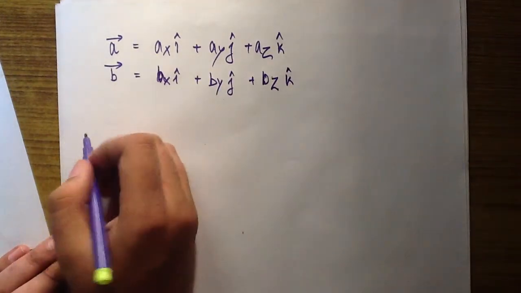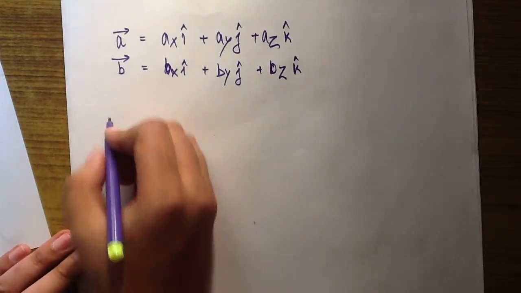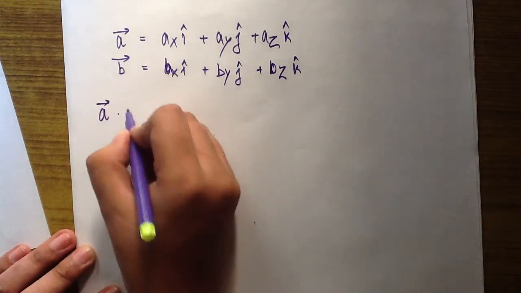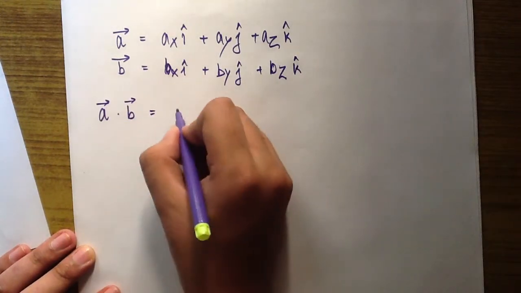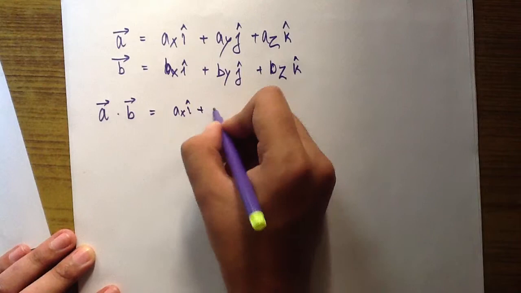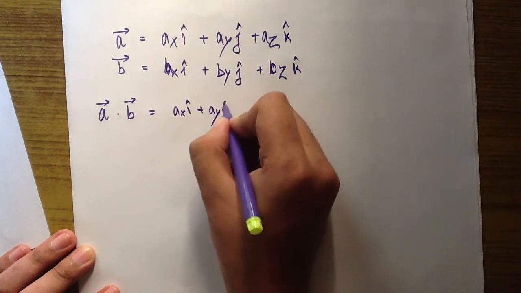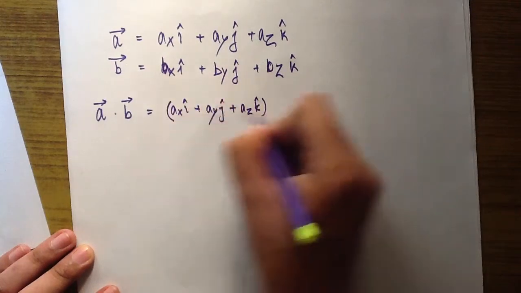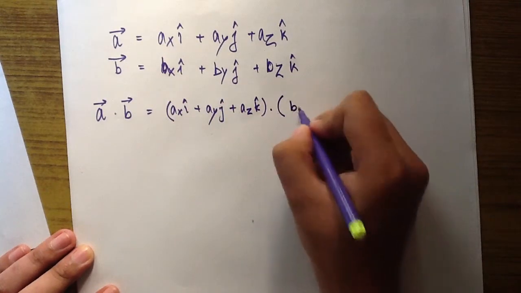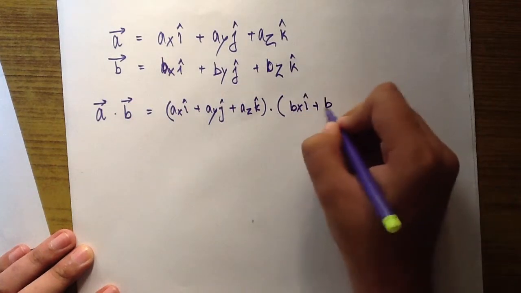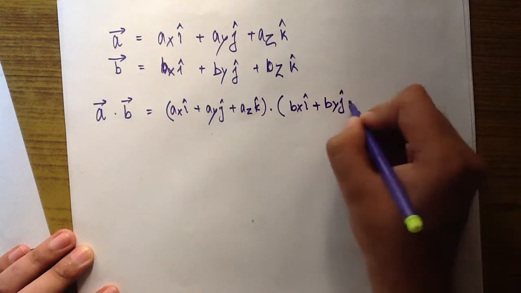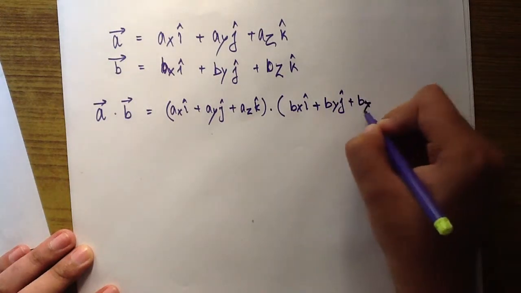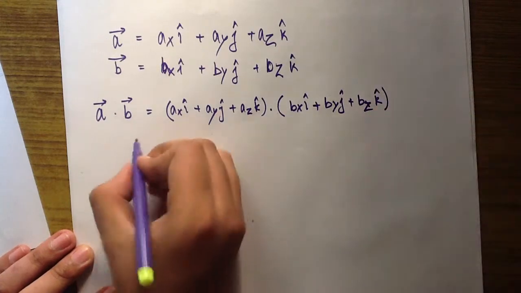And from this, A dot B could be written as (ax i cap plus ay j cap plus az k cap) dot (bx i cap plus by j cap plus bz k cap).